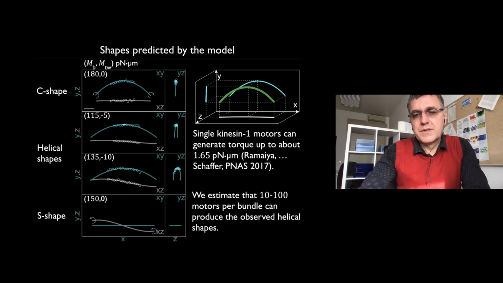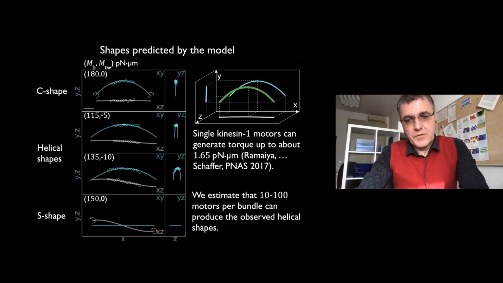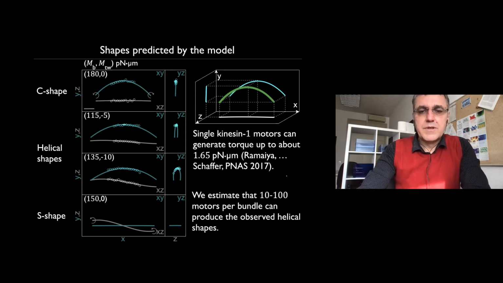It is shown that in vitro, Kinesin 1 can exert twisting moment of size 1.65 piconewtons times microns, and thus we will need 10 to 100 molecules, motor proteins, for generating such shapes, which is quite a reasonable number.